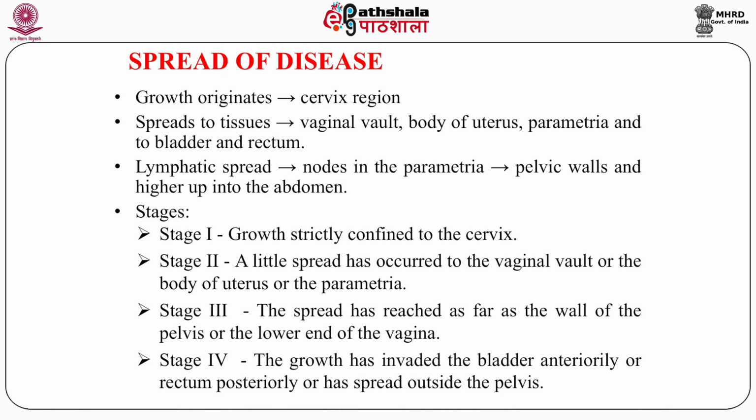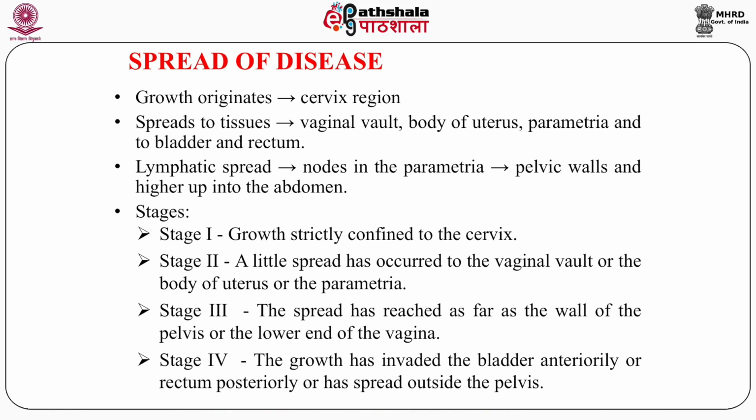Stage 3, the spread has reached as far as the wall of the pelvis or the lower end of the vagina. Stage 4, the growth has invaded the bladder anteriorly or rectum posteriorly or has spread outside the pelvic region.